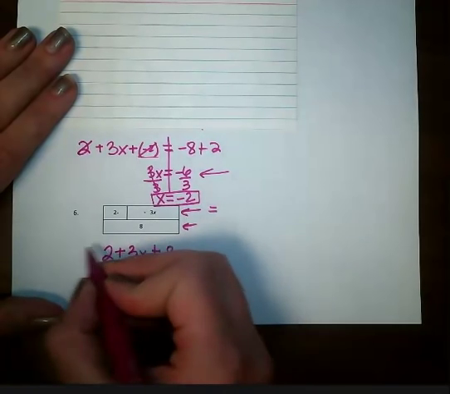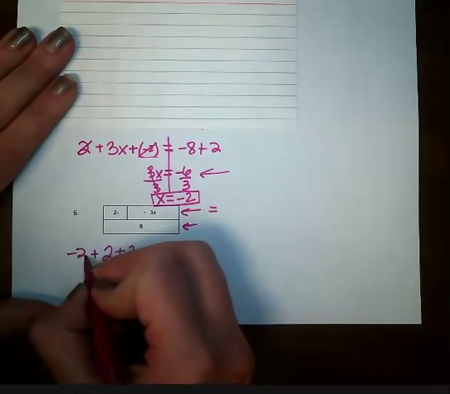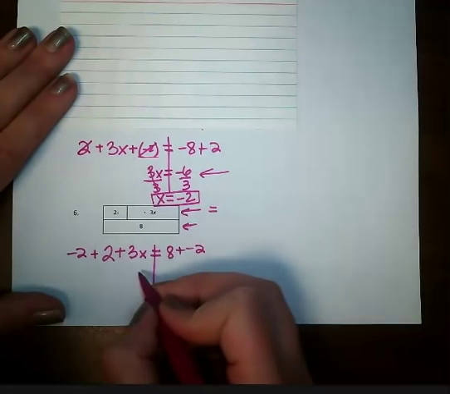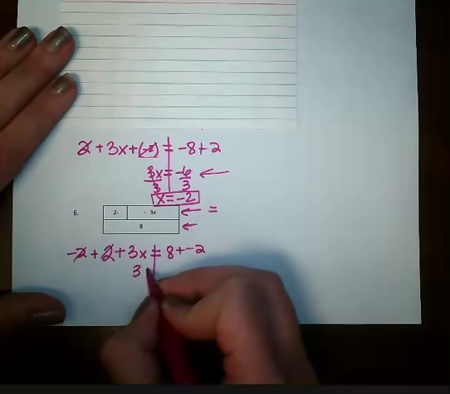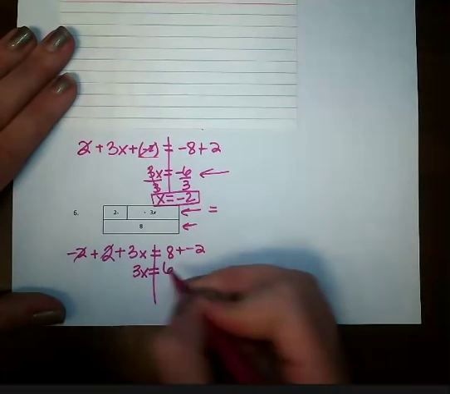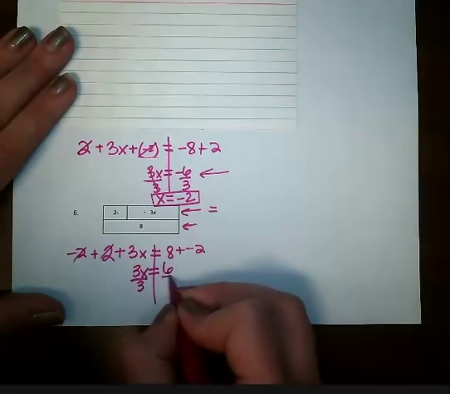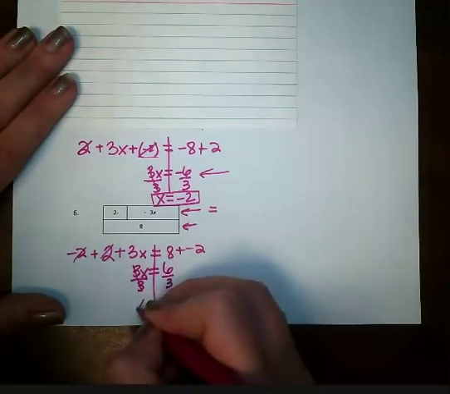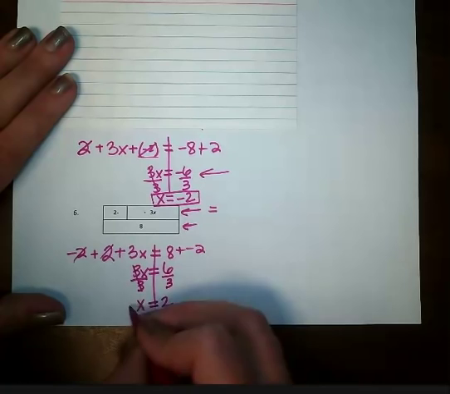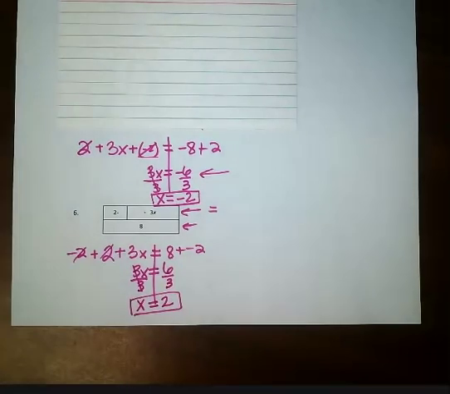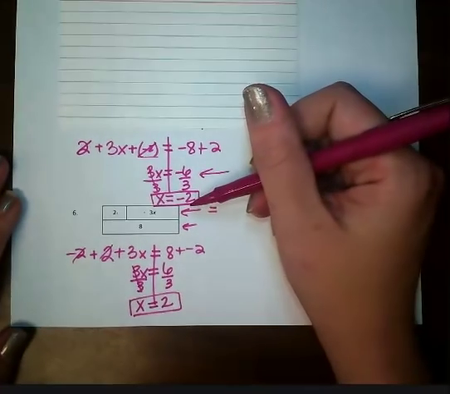So to get rid of the +2, we add a -2, and so we've got these guys that cancel. We've got 3x equals 6. Divide by 3 to get rid of your coefficient, and so x equals 2. So not the exact same answer, very similar problems.